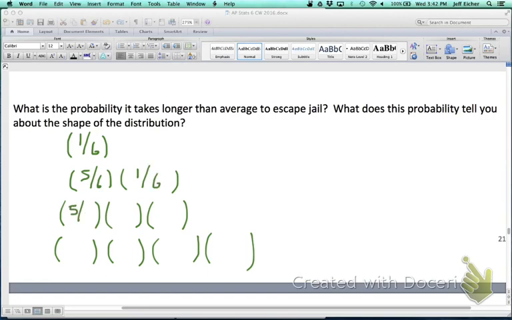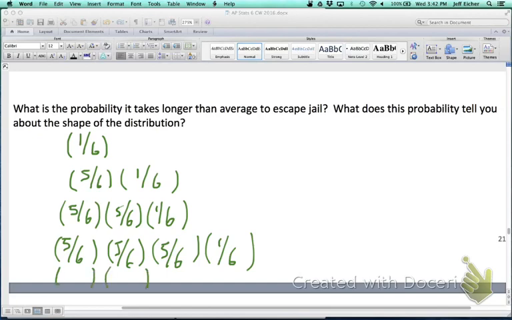The third roll is that. The fourth roll is that. So that's 4. We have to go to 6. Maybe I'll fit one more down here. 5, 6. Oh, wait. We could just do an exponent.